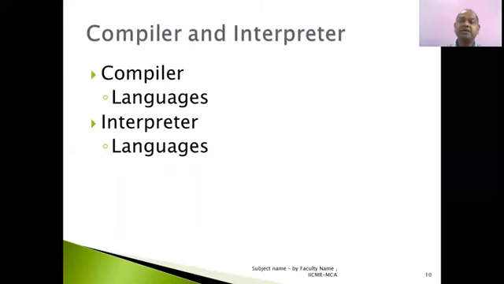Now, JavaScript is an interpreted language. So before that, let's see what an interpreter and a compiler are, and what the use of these two things is. Whenever you write any source code, it is written in a human readable format or language, but the computer doesn't know this type of instructions.